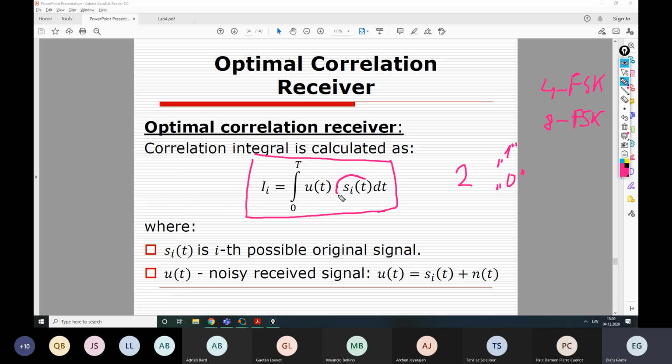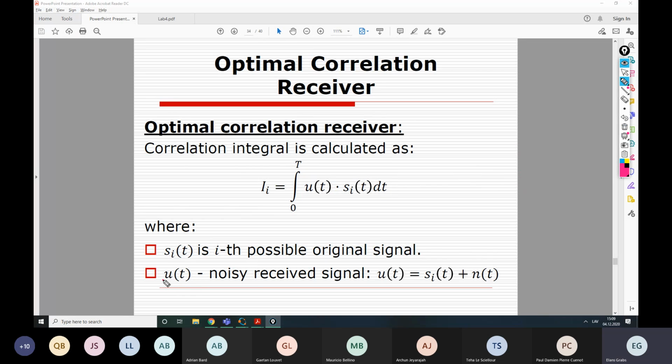We need to generate all the possible template signals at the place of the receiver. We need to multiply what we have received with each of these generated signals and then integrate it over the time period of one symbol duration, from 0 to symbol duration, right? And in our fourth practical exercise today, we will draw signal diagrams, plots, of how this process will look.